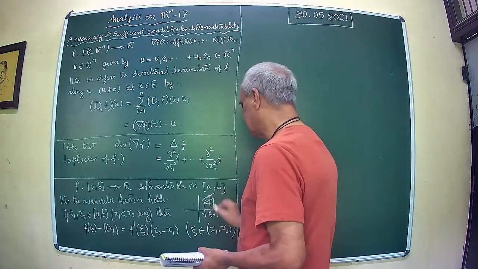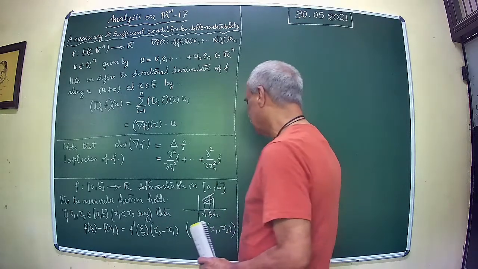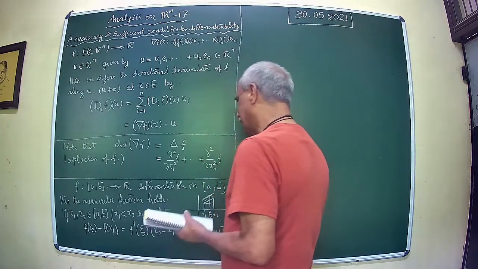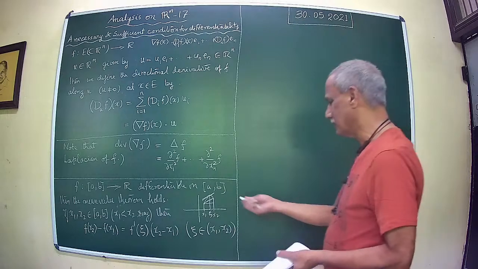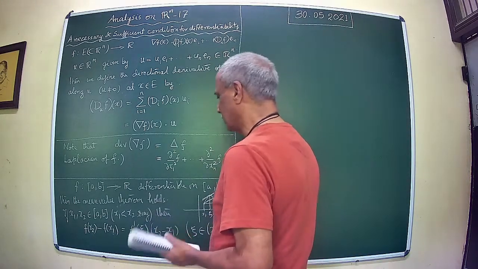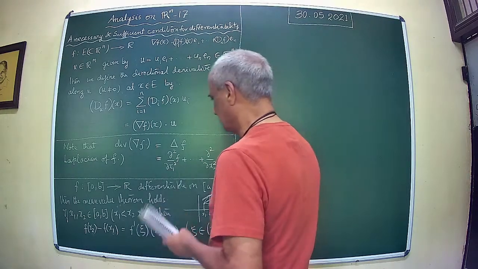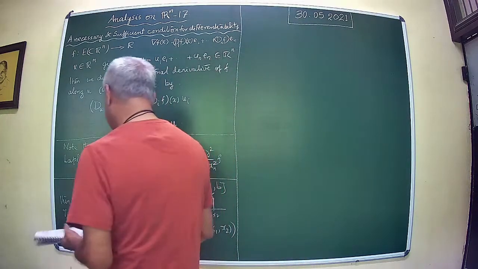And what this theorem says is that there is some intermediate point where the slope of the tangent to the curve is the same as f(x2) minus f(x1) divided by x2 minus x1. Okay, so this is the mean value theorem.